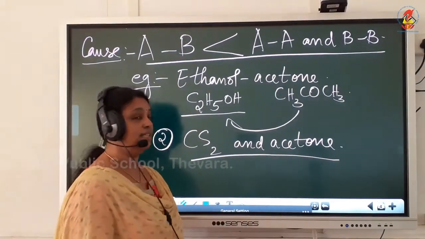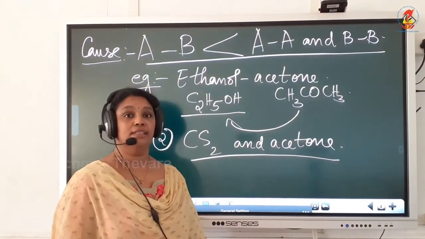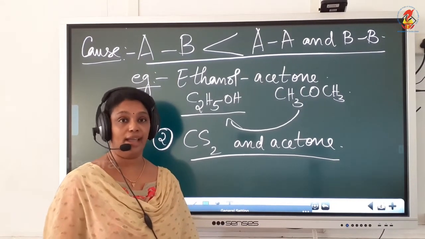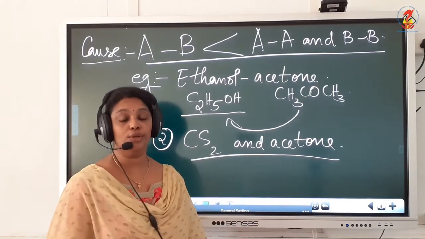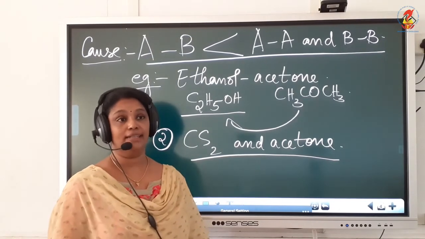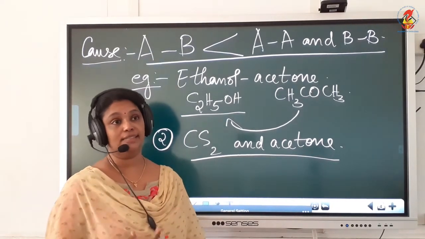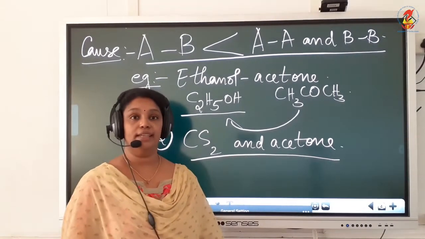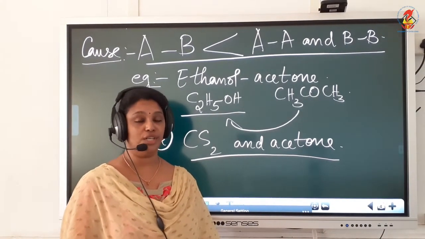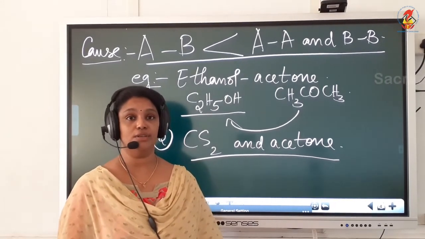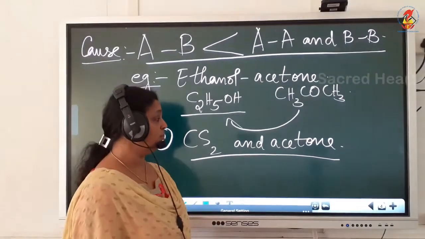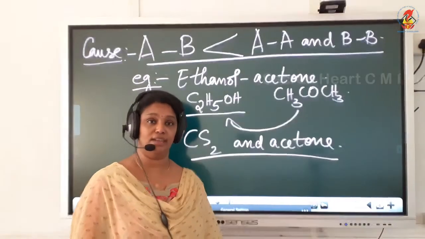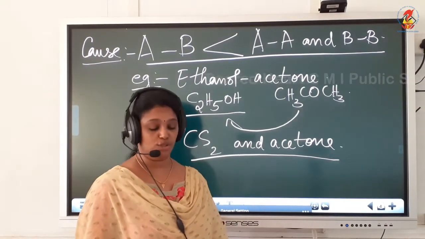When you mix carbon disulfide and acetone together, there is a weak force of attraction, and as a result more molecules can go into vapor state and vapor pressure increases, and they show positive deviation from Raoult's law. So these are the examples of non-ideal solution showing positive deviation from Raoult's law. First one is ethanol-acetone mixture, and second one is carbon disulfide-acetone mixture.